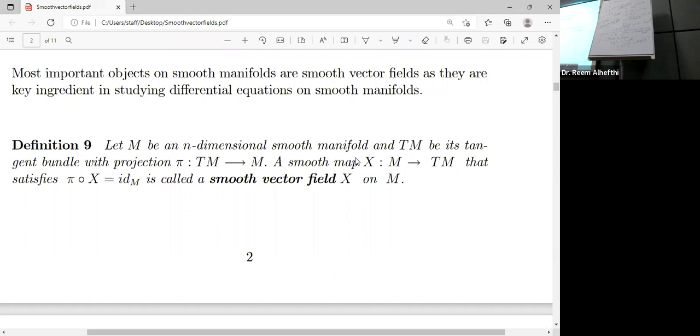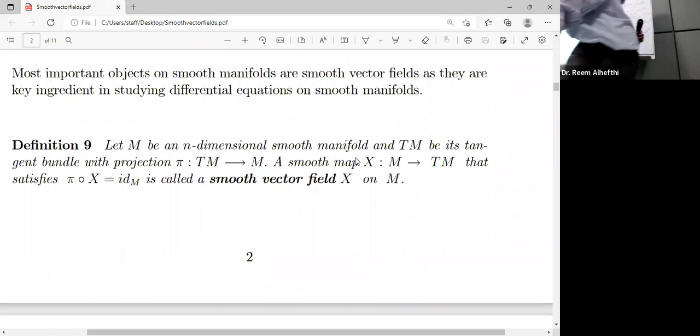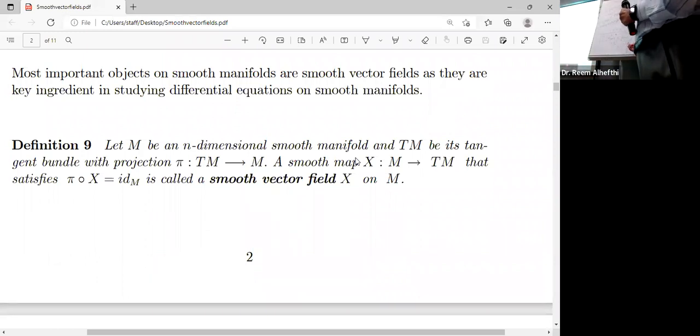But if I give you X, give me an example of a vector field. For example, in the trivial space R^n, take the coordinate vector field, not a tangent vector. For example, del by del x.